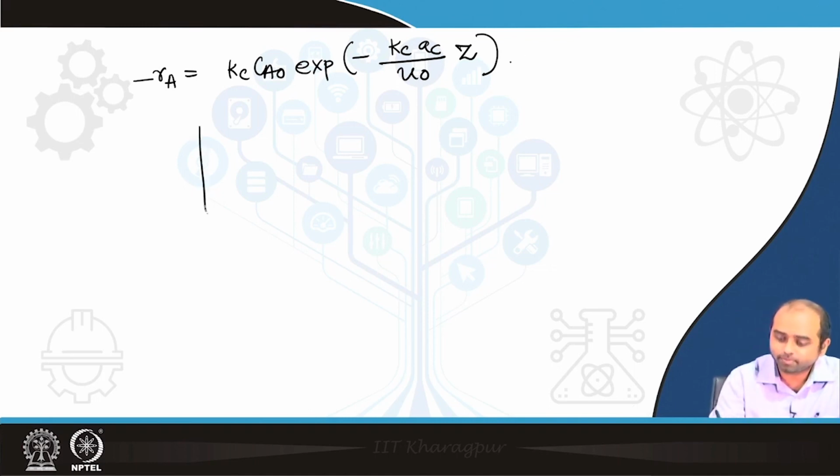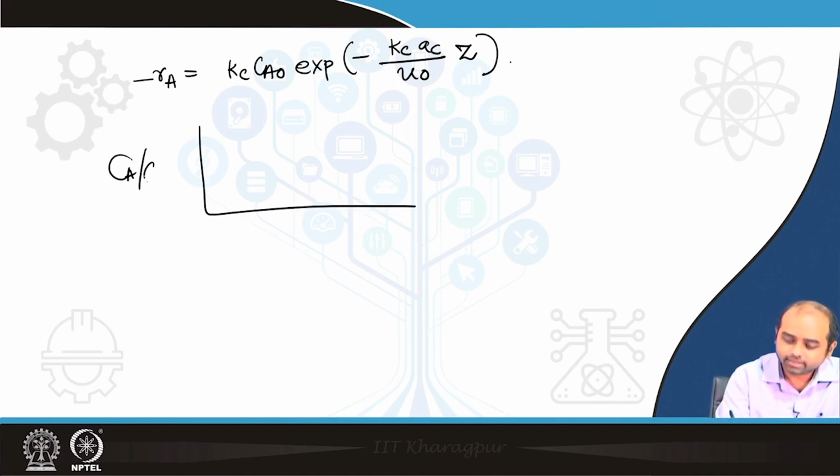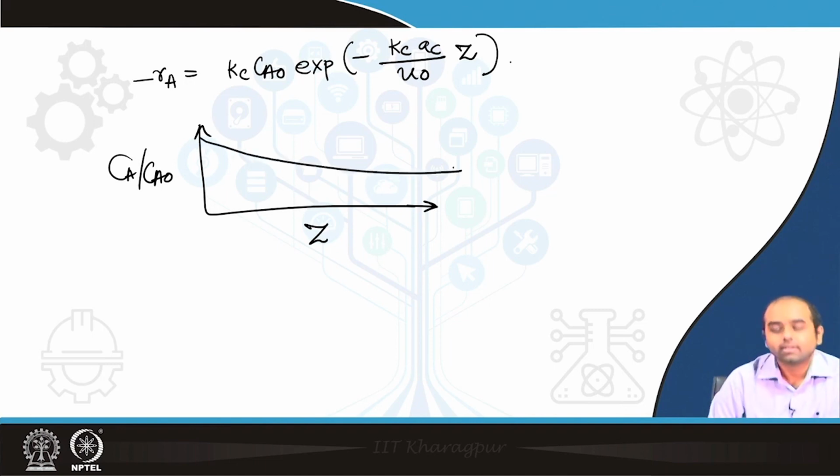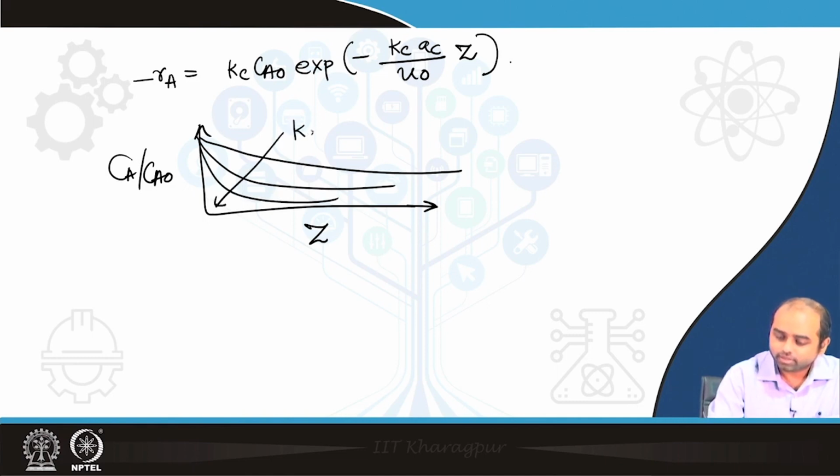So, if I try to make a plot of C A versus C A naught along with Z, this will be something like this, isn't it? And for different mass transfer coefficients, as K C is increasing, these profiles will look something like this. So, with higher mass transfer rate, to have a desired conversion the length will be smaller, right.